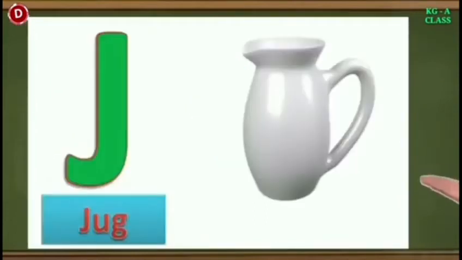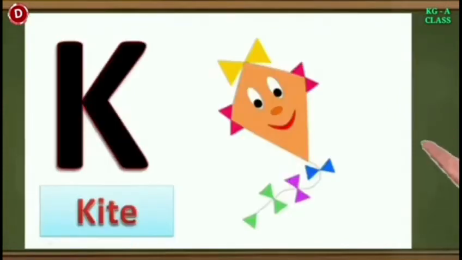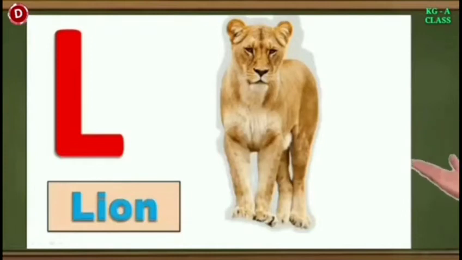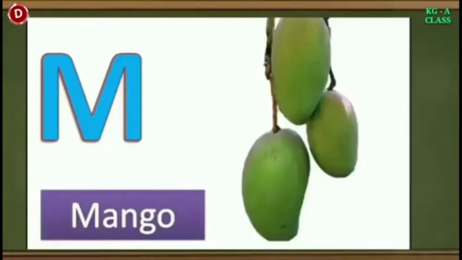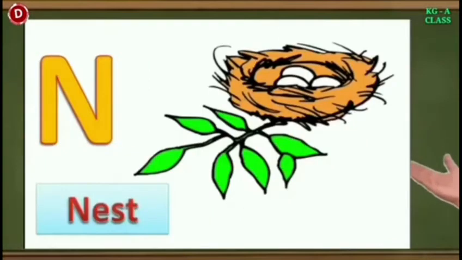Now comes J. J for jug. Children, after J, this is K. K for kite. Next letter is L. This is L. L for lion. Now comes M. M for mango. Summer is the season of mango. Now comes N.